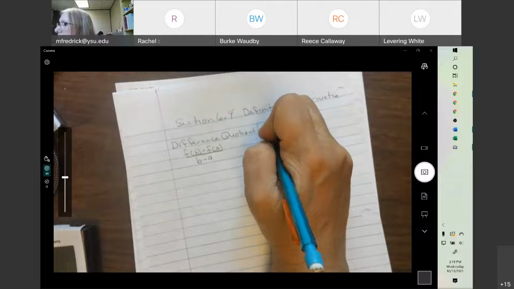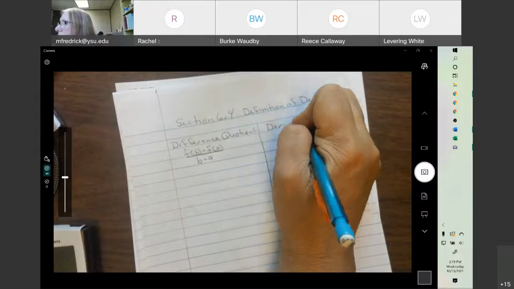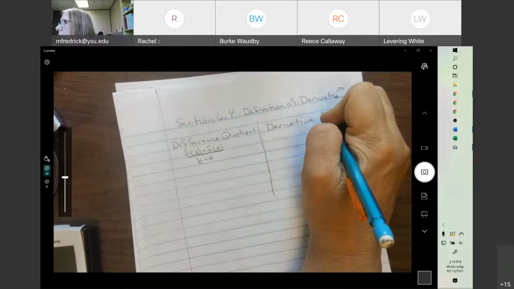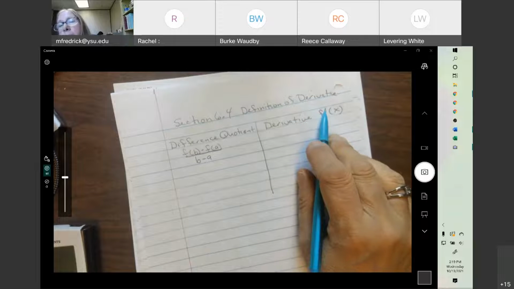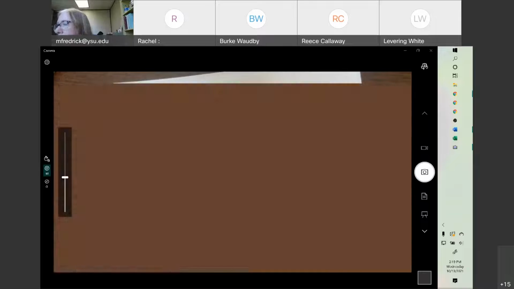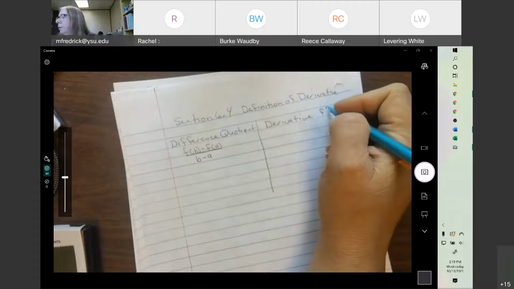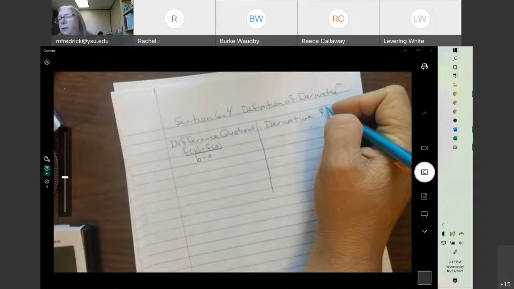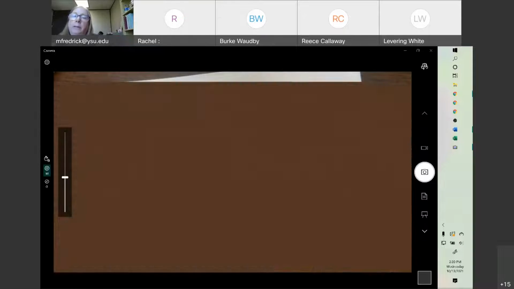The other is the derivative. Now for the symbol for the derivative, it's f prime of x. So this little prime, kind of like a, not a comma, but a little tick mark. So it's not a 1, it's a tick mark, but it means the first derivative.